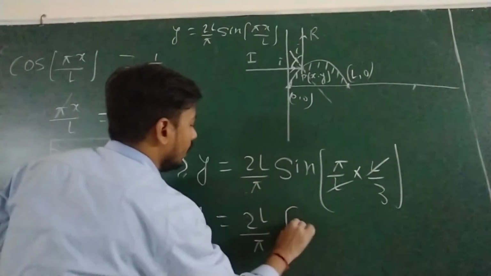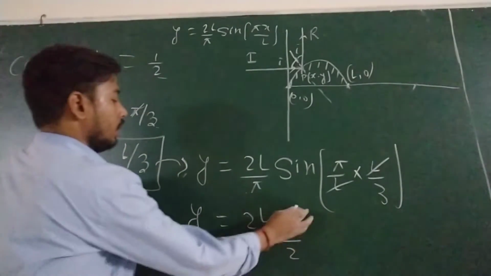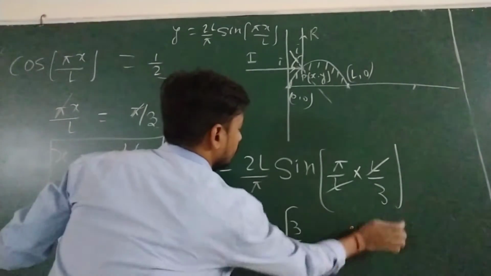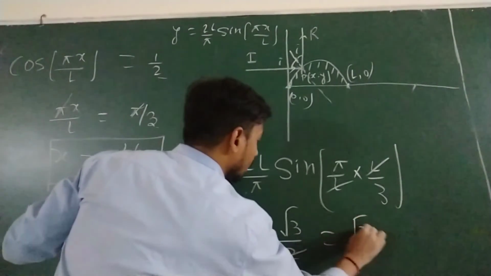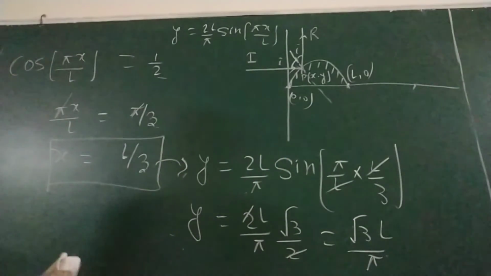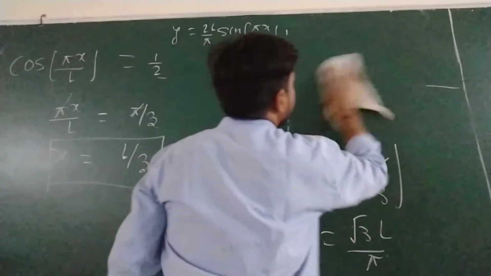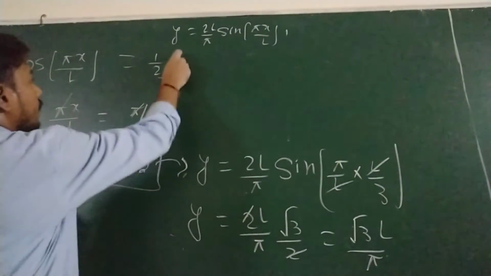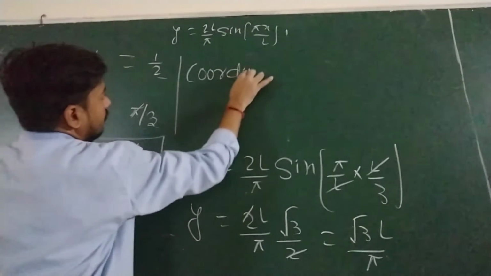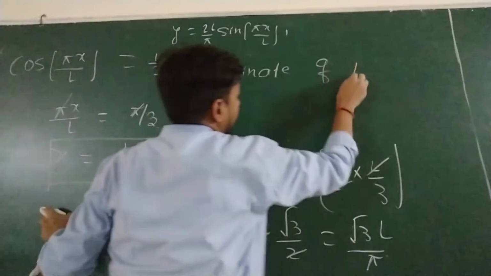So sin pi by 3 I know, even you also know, root 3 by 2. The 2 gets cancelled. So y is equal to root 3 L by pi. So by this way we have calculated the coordinate of the incident point.